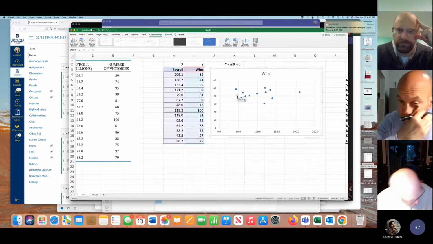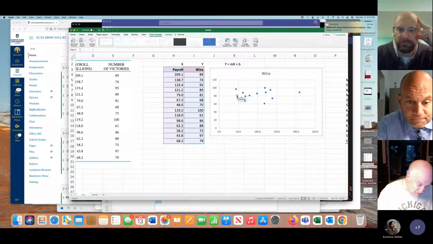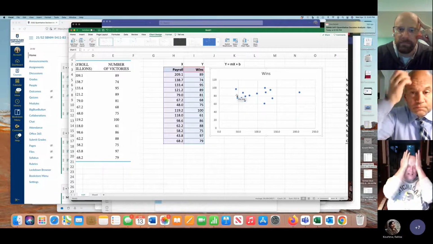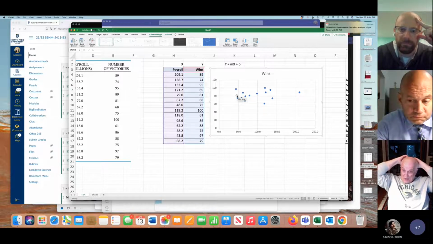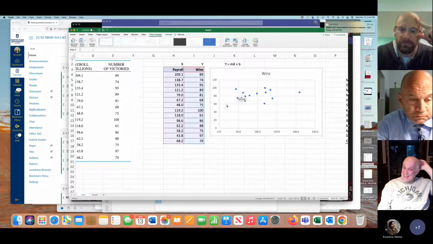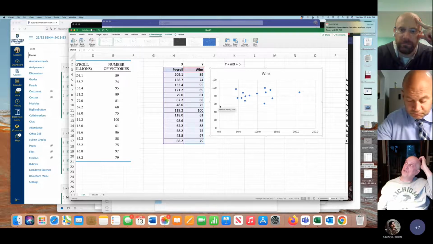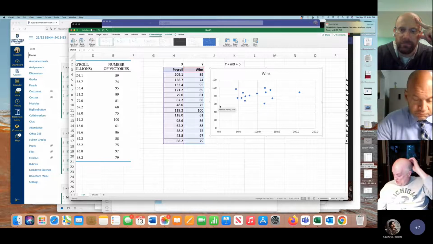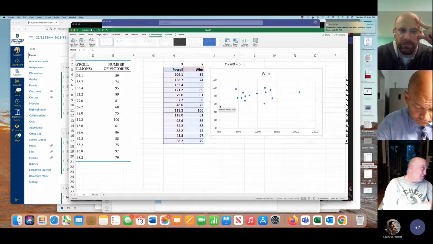In fact, I was telling Constantine earlier that back in the day before PCs and computers, if I had a small data set like this, I would use good engineering graph paper, actually plot the points, extend the data to the y-axis to predict what b is, which is the y-intercept, and then pick 2 points and show the change in X and the change in Y to estimate the slope. And we used to do pretty good with that.